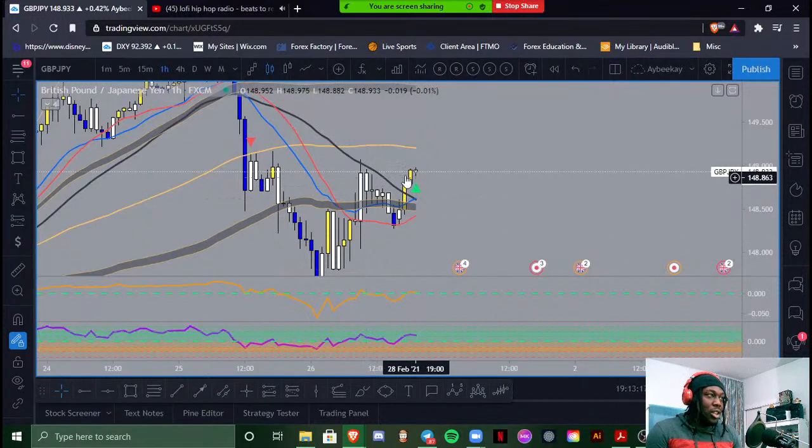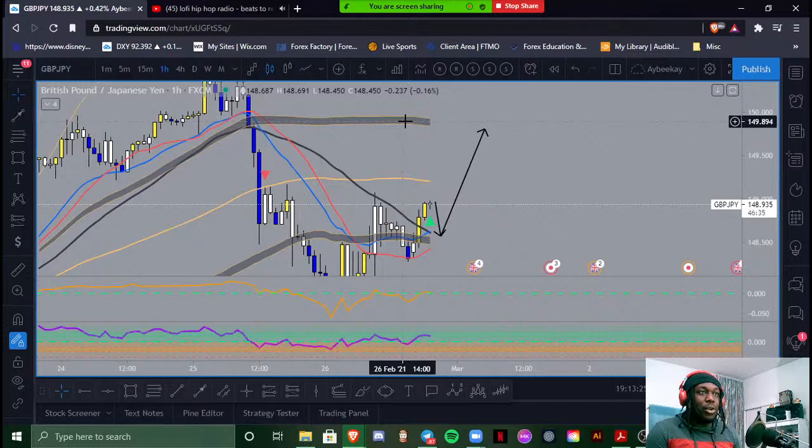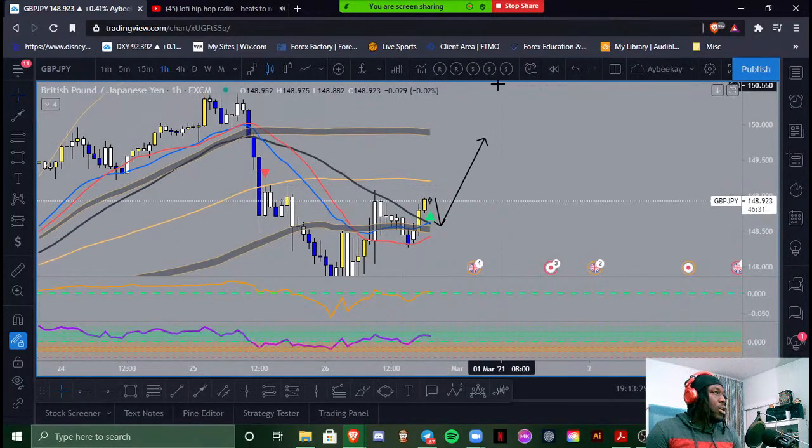45 minutes until this closes. What I can possibly get out of this, if I can get a retest, sure. Take it to the upside. 1.49894 would be the TP, and then we'll see what's up.